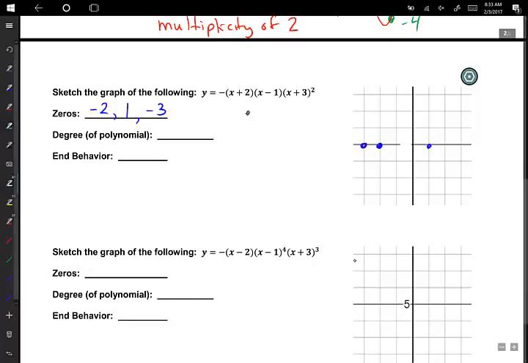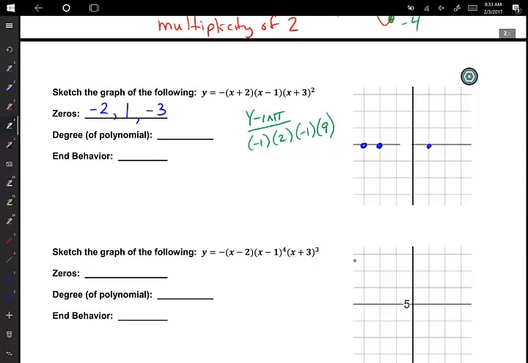My y-intercept. A little bit more difficult here. We have -1 in the front, times 2, times -1, times 9. Where does that 9 come from? -1 times 2 times 1.